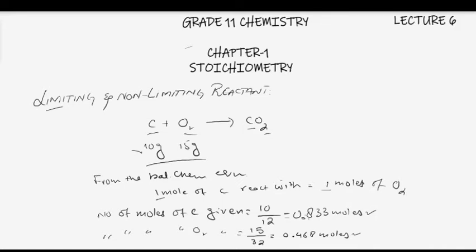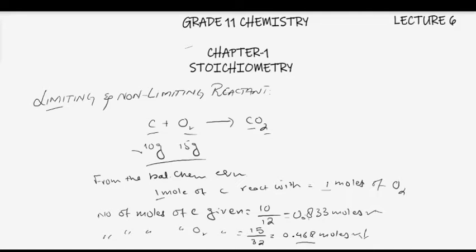So for 0.833 moles of carbon, we need 0.8 moles of oxygen, but we have 0.47 moles of oxygen, which means that we have a lower number of moles than what is required to react with 0.83 moles of carbon.